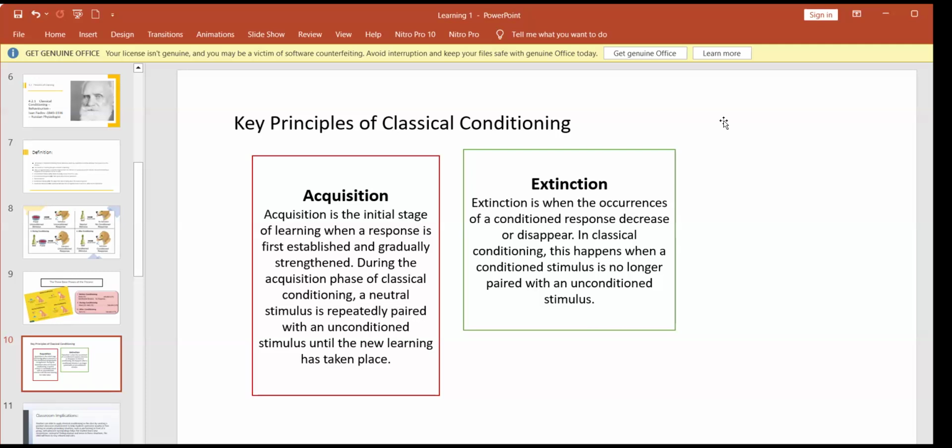Now you have to stop extinction because new learning is there and you don't want it to disappear, right? Your student likes your activities now. You don't want it to disappear. So how can you actually stop it? We have a solution in operant conditioning by B.F. Skinner.